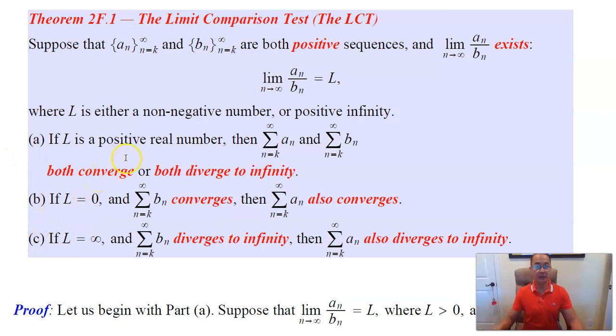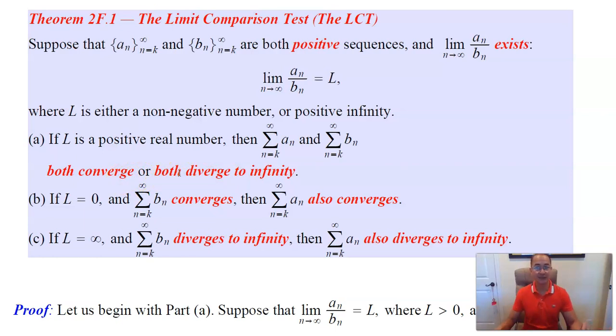The first case is the most general case. If this limit is an ordinary positive real number, like 7 or 1 or pi, then the two series made of these terms, summation n equals k to infinity of a sub n, and summation n equals k to infinity of b sub n, either both converge or they both diverge to infinity.